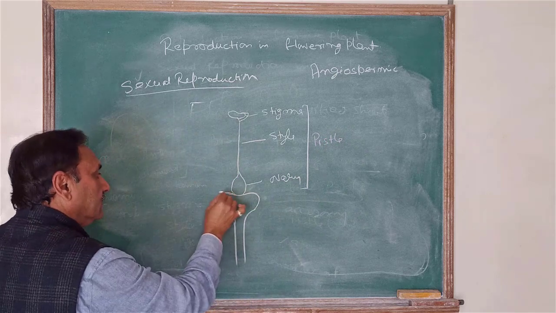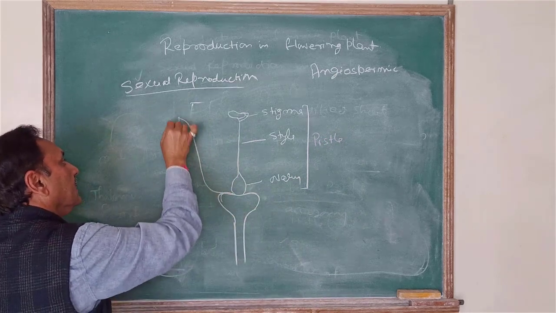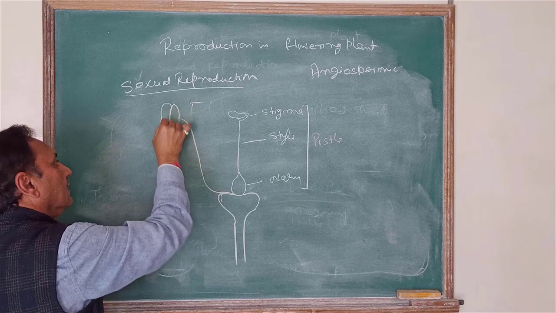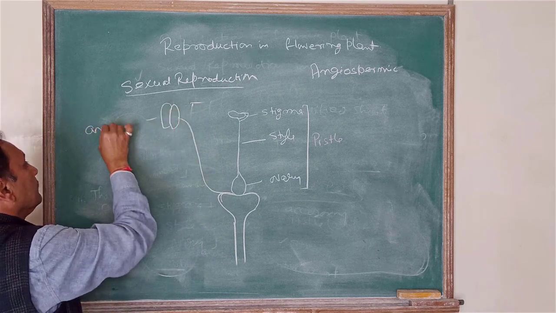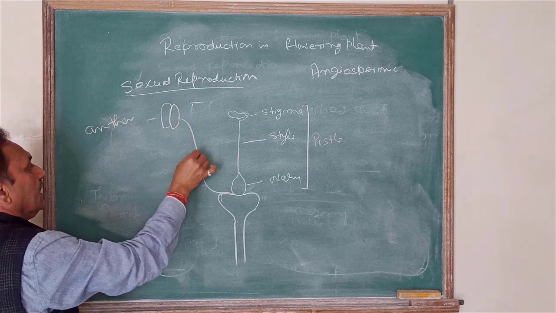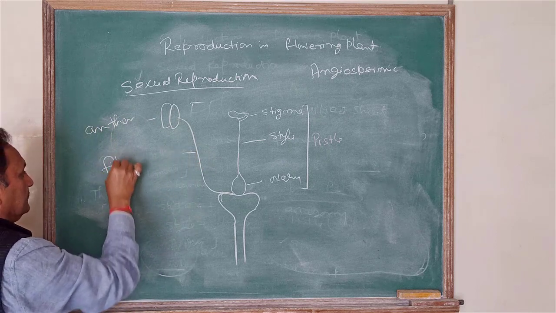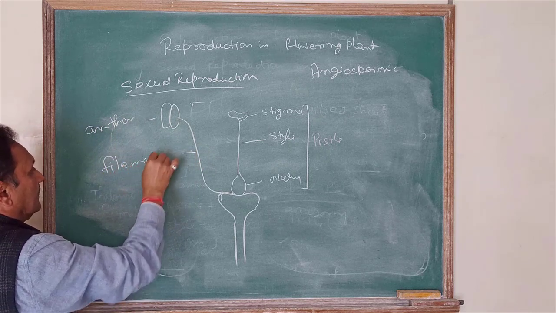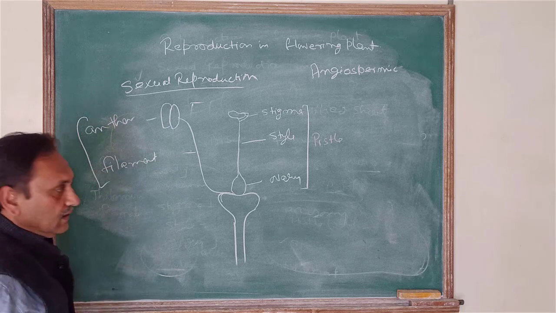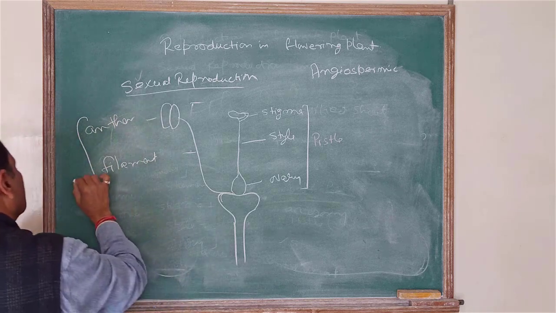Now, the male part having anther and filament together is called stamen.